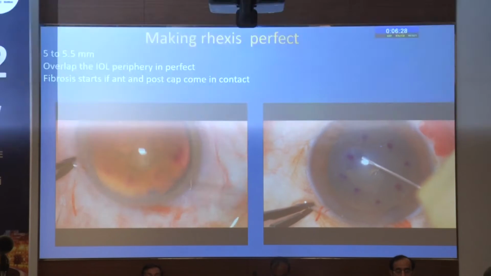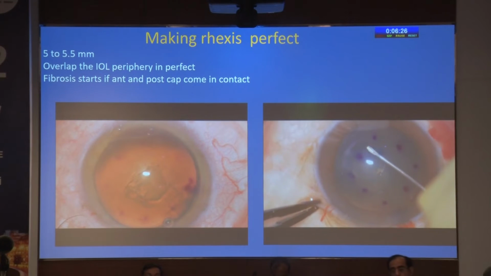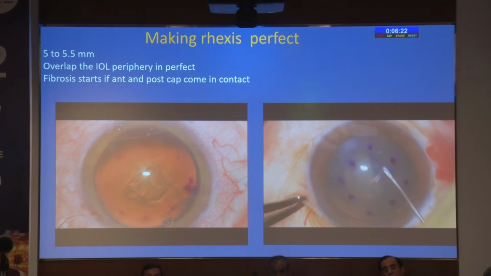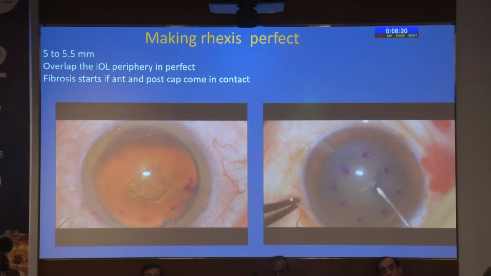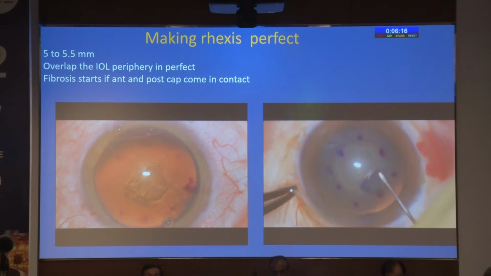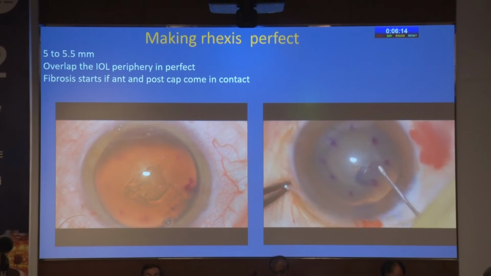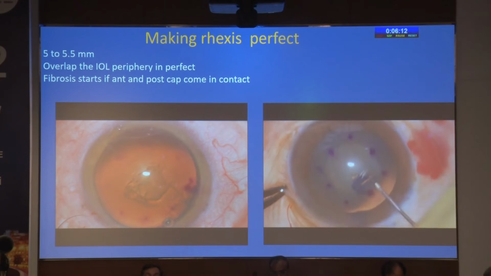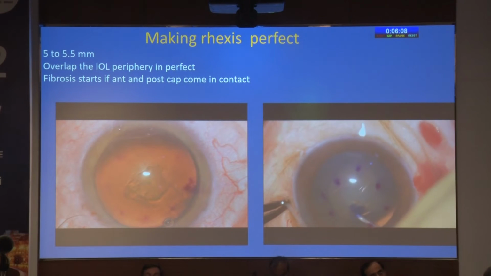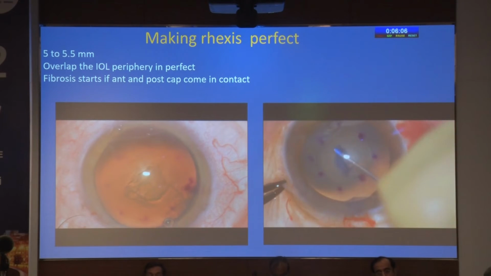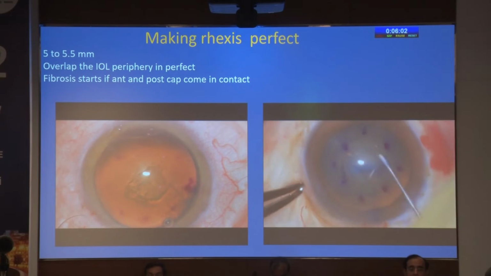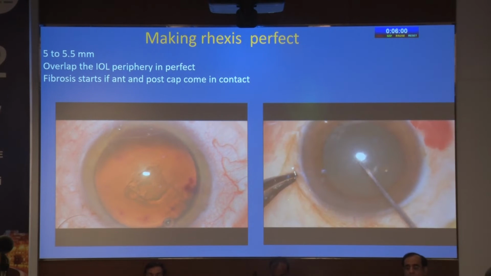This is important, particularly in toric IOL, to make it stabilize longer in its axis and give you the best results. This can be practiced in the beginning, but later when you get more accustomed, you can go ahead the way you like, and you can take a proper diameter of capsulorhexis, which is around 5 millimeter.